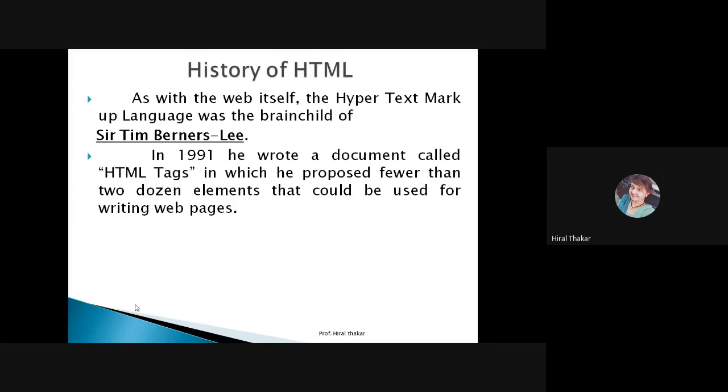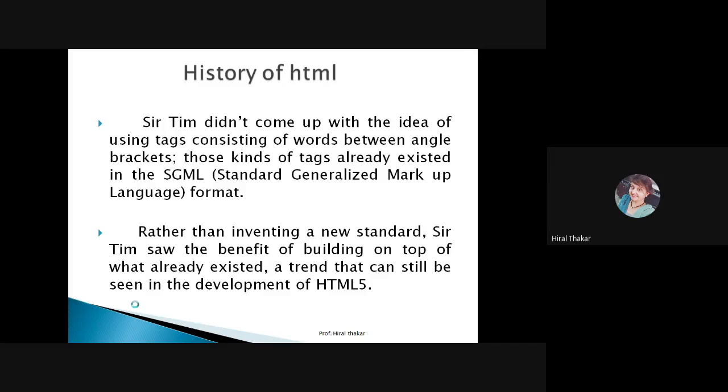So by using that version of HTML, people were able to create only basic text, but they were able to publish it online so that it could be viewed by so many people. So it started in 1991.